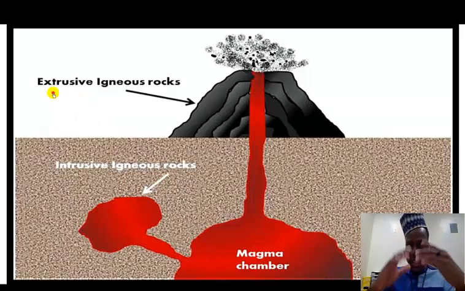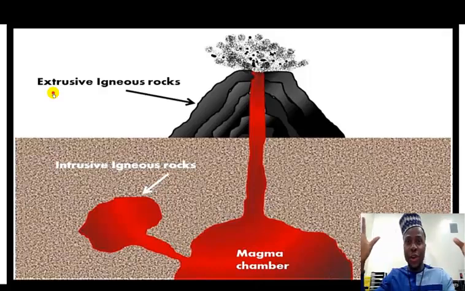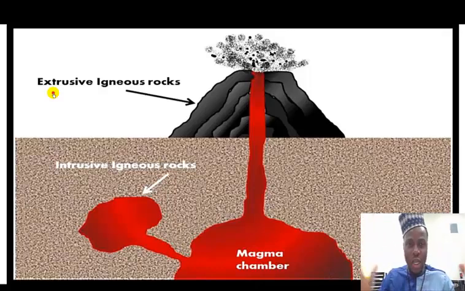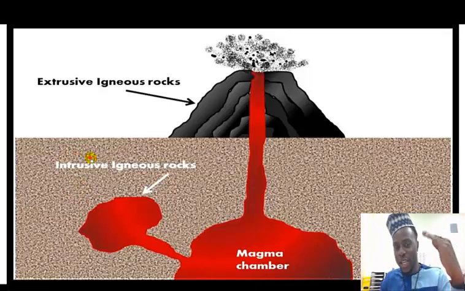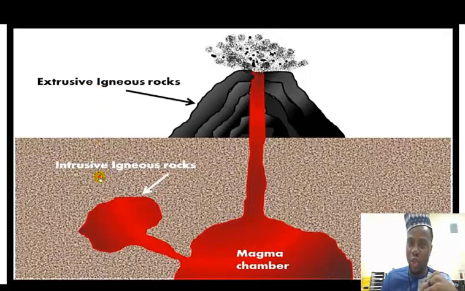Extrusive as in external, exterior, exposed. While intrusive means inside, trapped inside, included. All right, so that's the difference between extrusive igneous rock and intrusive igneous rock.